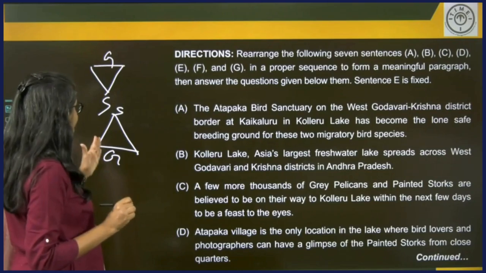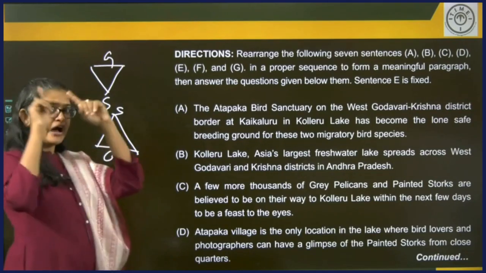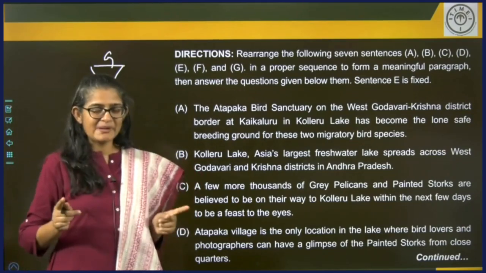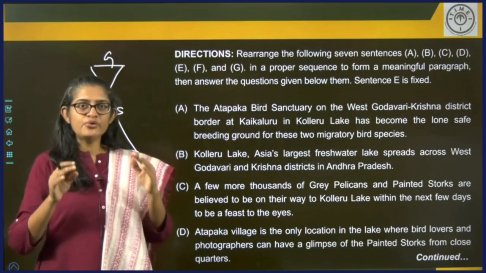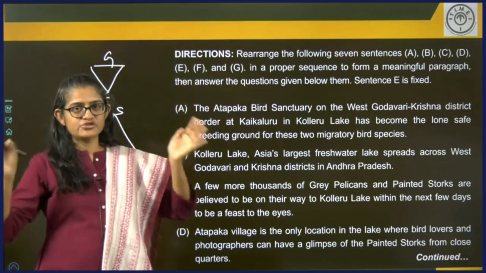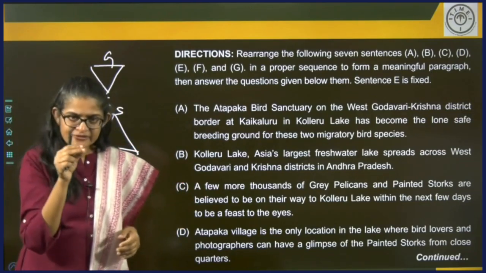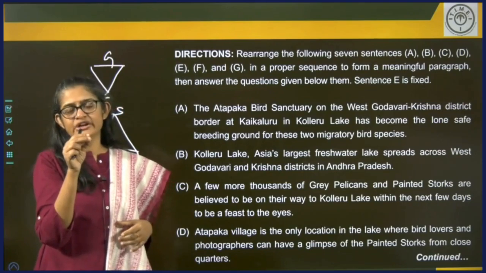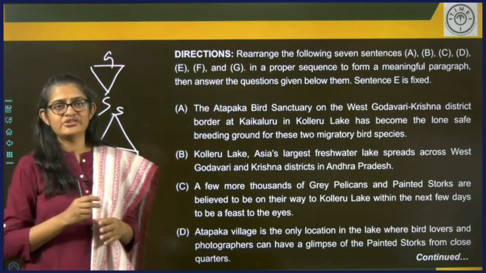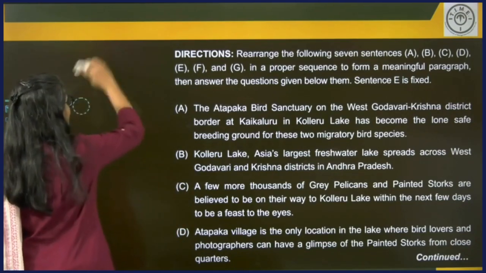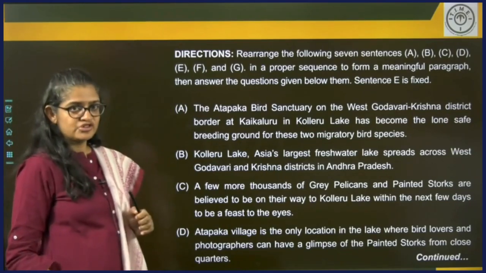Apart from this, we can also have an hourglass pattern, where the ideas flow from general to specific to general. That is where there is a general introduction, then specific details or examples or data, and then another general conclusion. So keep these points in mind while solving your para formation questions.